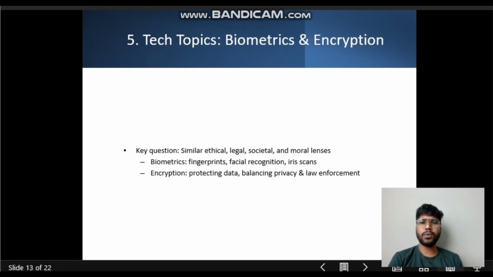We have explored how automated systems like content filters can be weaponized against marginalized groups. Now let's shift our focus to two critical technologies which shape our digital future, biometrics and encryption. Both are powerful tools with immense potential for good, and yet their misuse or misregulation can pose a grave risk to privacy, equality, and even democracy.